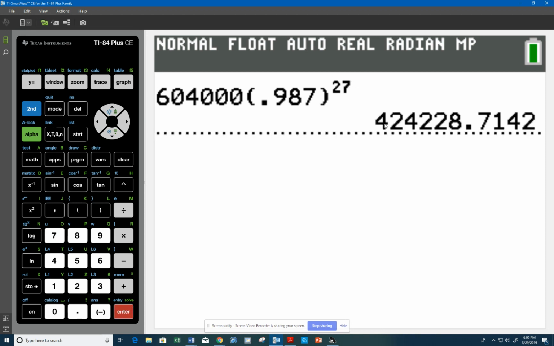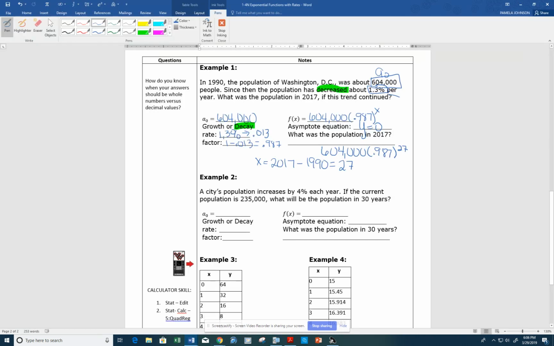Okay, this is going to give us 424,228.71. We're talking about people, so we can't have part of a person. Okay, so we're just going to go ahead and round this to the nearest whole person. So 424,229.